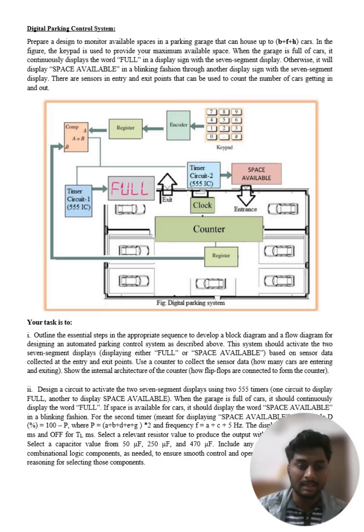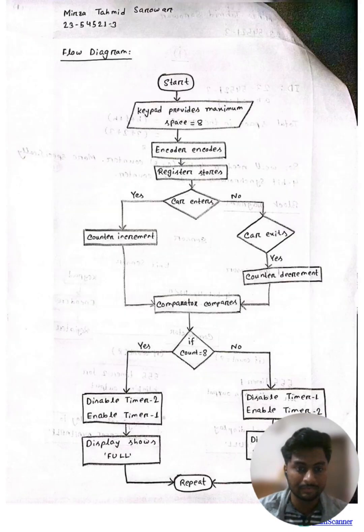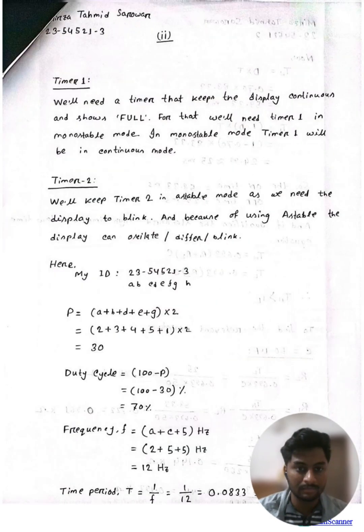So here we can see question number 2, and I'm not going to read the whole question. Basically it asks to design the circuit using a 555 timer. So let's explain how I did it. For timer 1 we will need a timer that keeps the display continuous and shows full.